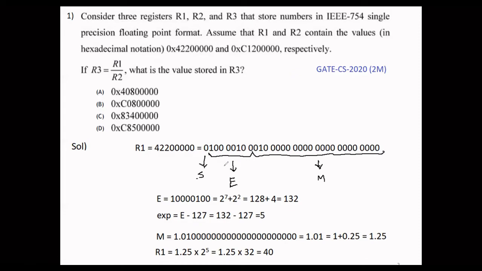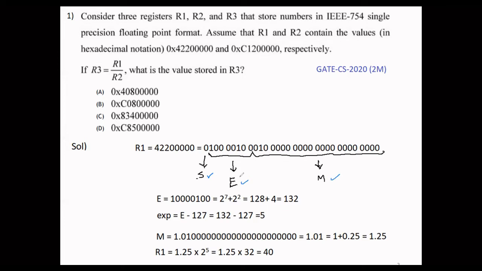In a 32-bit floating point number, we know the first bit is the sign, the next 8 bits are the biased exponent, and the remaining 23 bits are the mantissa. Now convert this floating point number into its decimal equivalent.